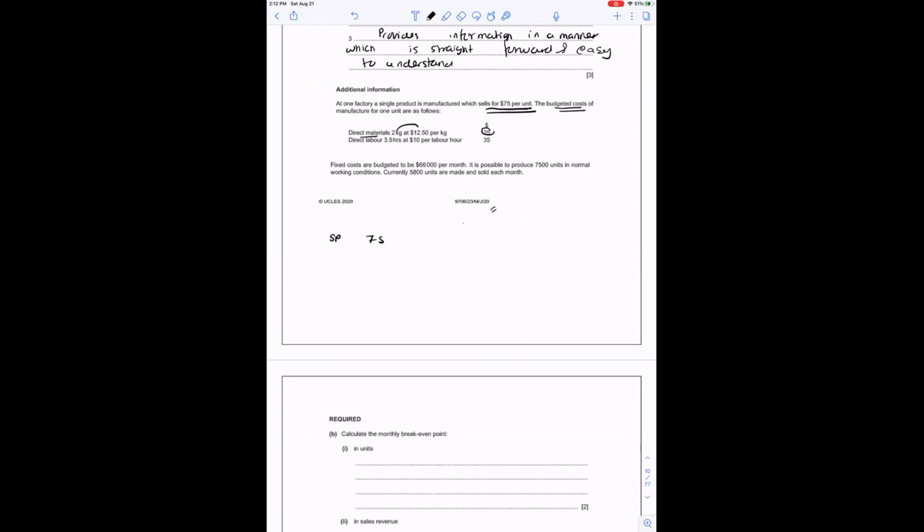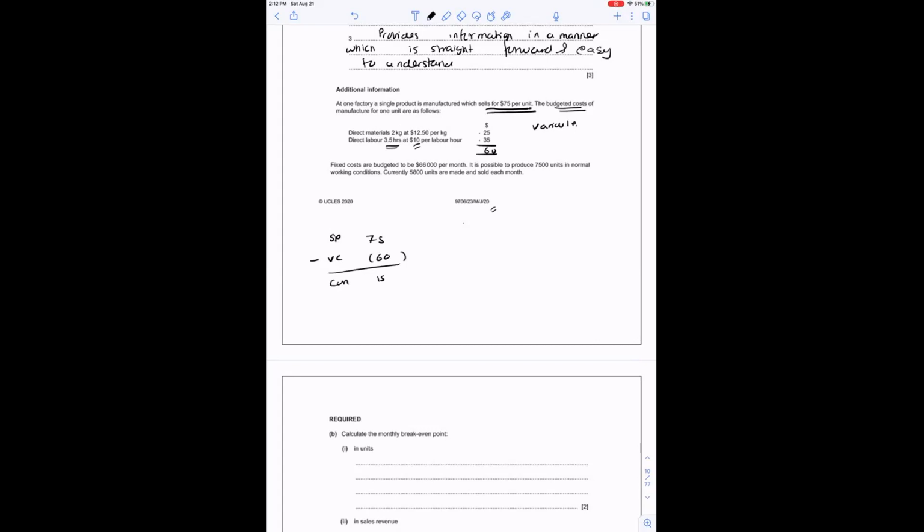And direct labor budgeted cost is 3.5 hours per unit at the rate of $10 per labor hour, which is coming up to 35. That means they've given you the variable cost. Selling price minus variable cost gives me contribution of 15.